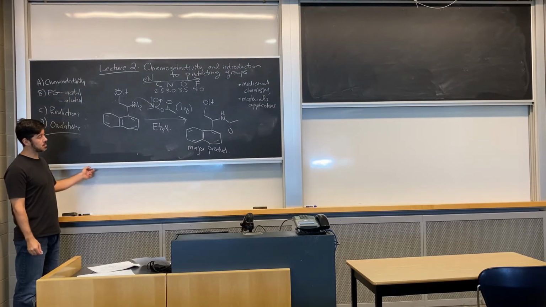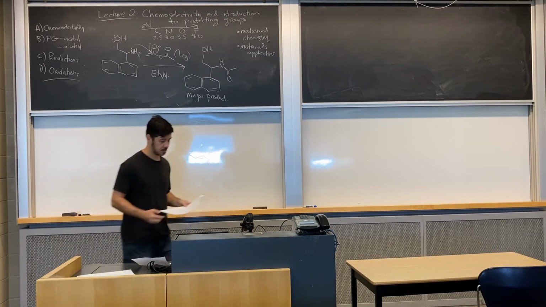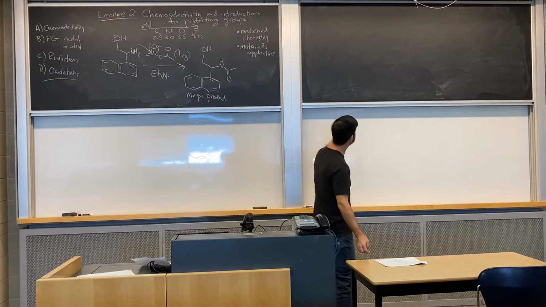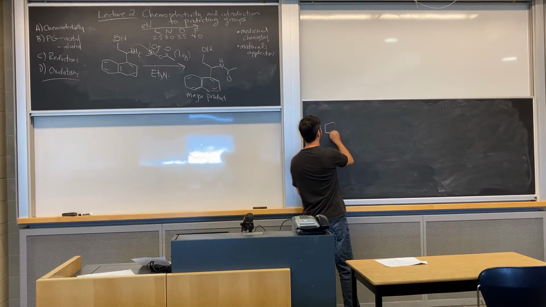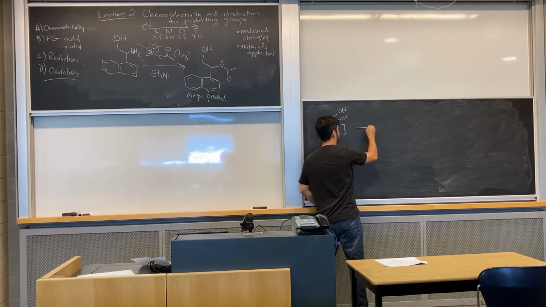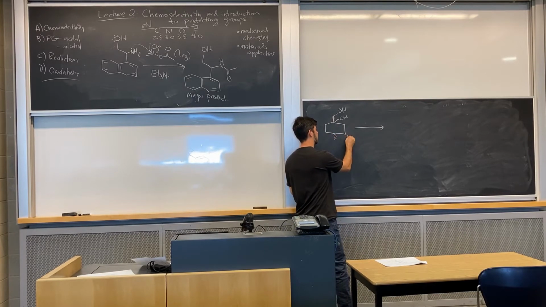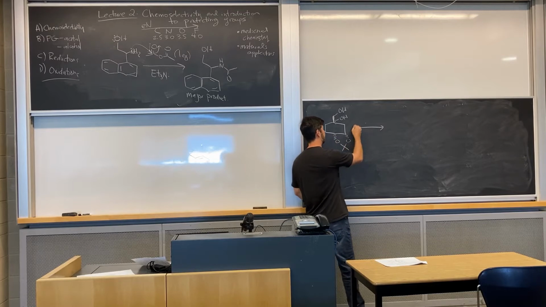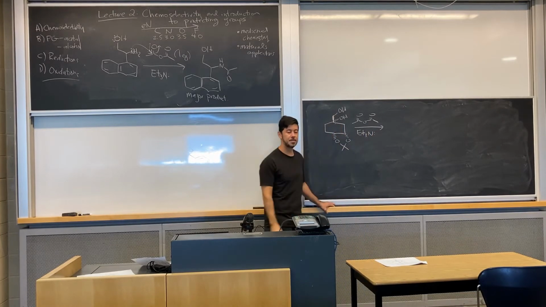All right, so let's take a look at another related or similar example. So what if we take a molecule that looks like this, and treat it with the same type of reactive substrate, so the acetic anhydride and the triethylamine base.